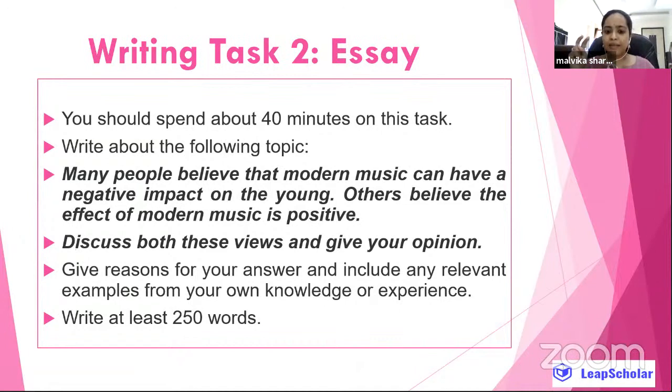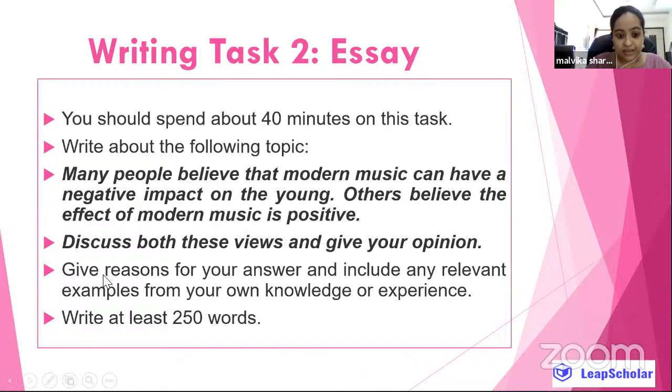Many people believe that modern music these days, the current kind of music, the rap and all, is having a negative impact on young minds. Whereas others believe that modern music is positive. So we need to discuss both the views and also we need to provide our opinion. So we need to give in our opinion also.